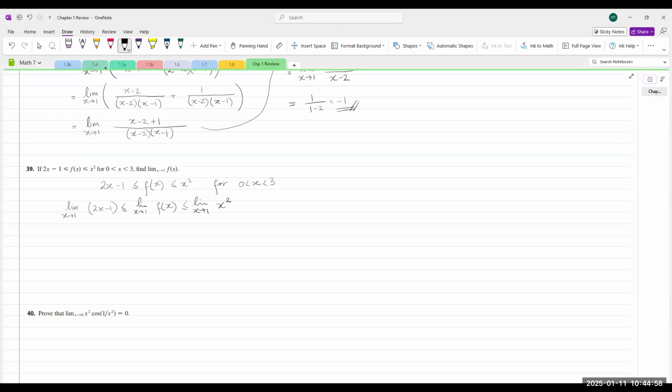Right? Because 1 is in the interval, and they said in that interval this inequality applies. Okay, so if I apply the limits, the inequality should be maintained. But the limit on the left-hand side here, you just plug in numbers because it's in the domain. That's 2 times 1 minus 1, that's 1. And on the right-hand side here, the limit of x squared as x approaching 1 is just 1 also.